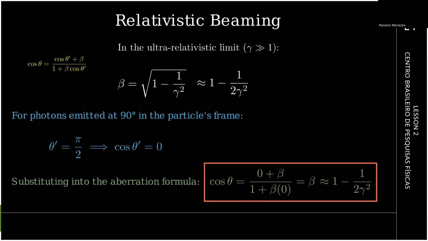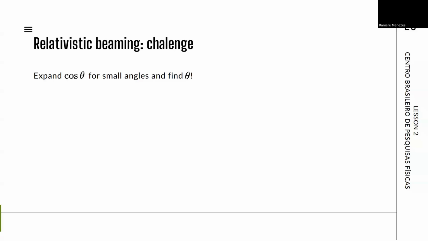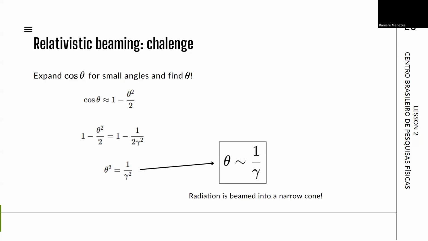But we can write this in terms of gamma, and then we have cosine theta equal to 1 minus 1 over 2 gamma squared. This will be a challenge. I was planning to do that with you here, but it may be very boring. So, of course, you can do that at home to exercise.